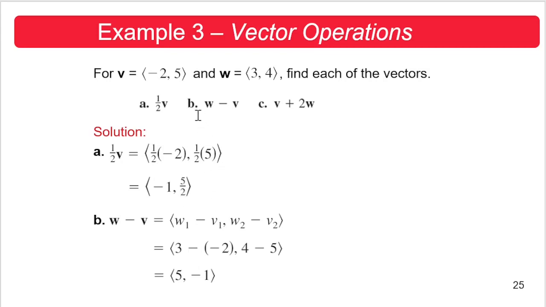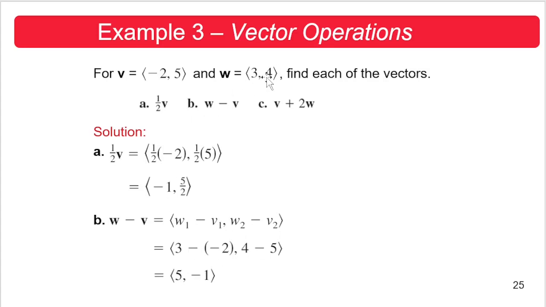Okay, next in letter B, we need to subtract the vector B from vector W. Recall that the vector W is a vector with components 3, 4, and B is a vector with components negative 2, 5. To find the difference between these two vectors, we subtract their corresponding components, first to first, and then second to second component. So we have W1 minus B1, W2 minus B2.